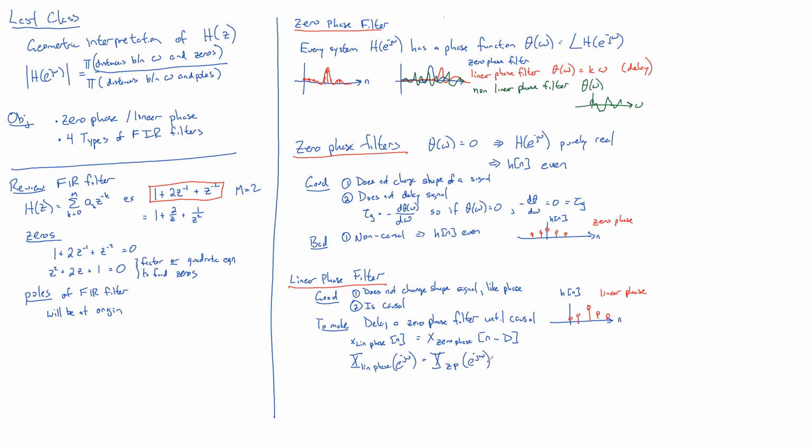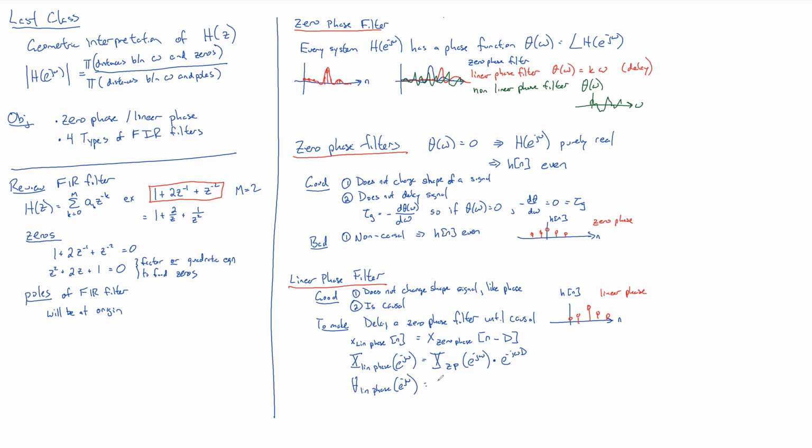And what does delaying by D do to its DTFT, Jeremiah? Nothing in magnitude, but it does in phase. And what does it do to phase? Linearly delays it. It's the same thing as multiplying it by e to the minus j omega d. And so now you can figure out what the phase is of our supposed linear phase system.